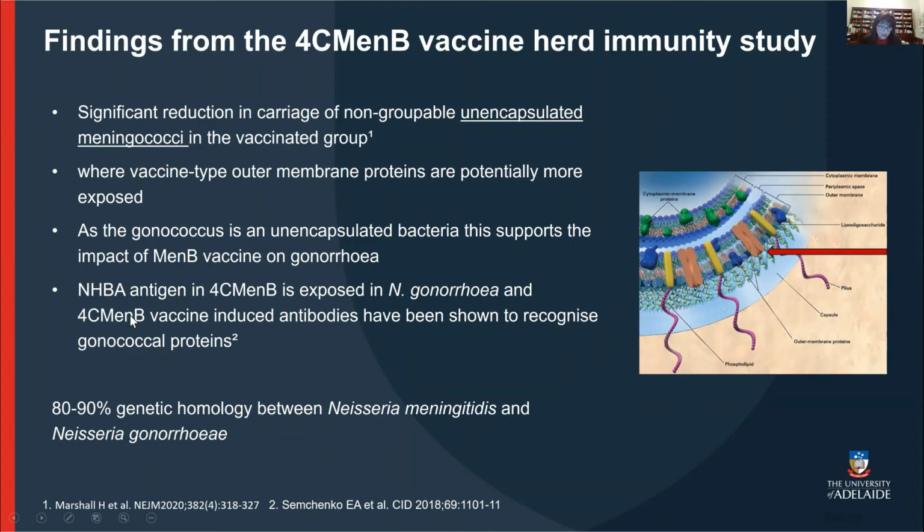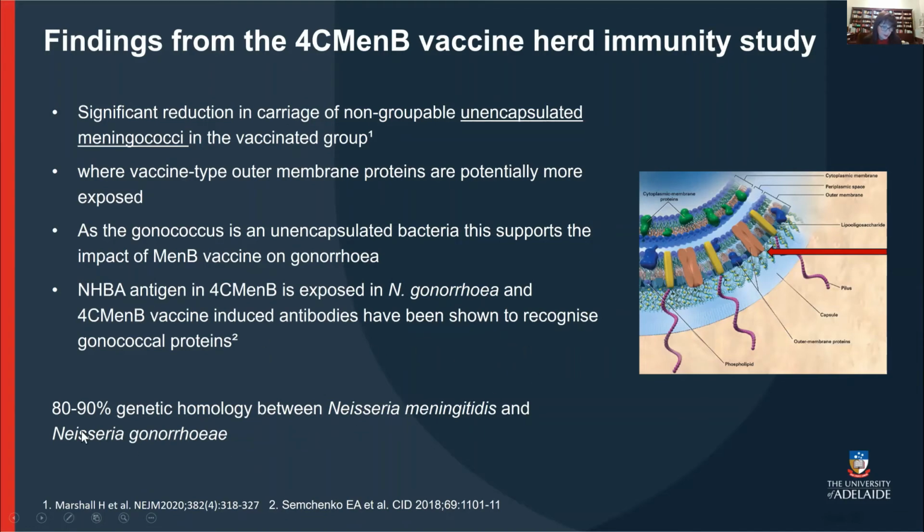Additionally, the NHBA antigen is one of the 3 antigens or proteins in the 4CMenB, and the NHBA antigen is exposed and quite well conserved in Neisseria gonorrhoeae. So we would expect perhaps that we might see even improved reduction in gonorrhea with 4CMenB than MenB, having these outer membrane proteins, and one that's specifically found in gonorrhea.